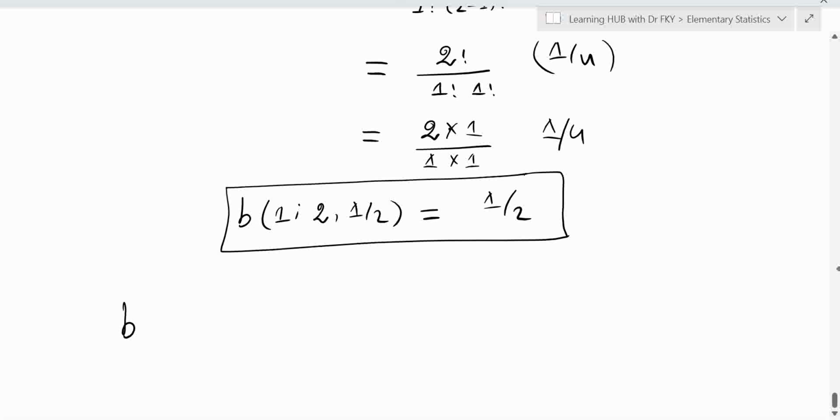Now x equal to 2, so this is 2, n is also 2, and p is 1 divided by 2.